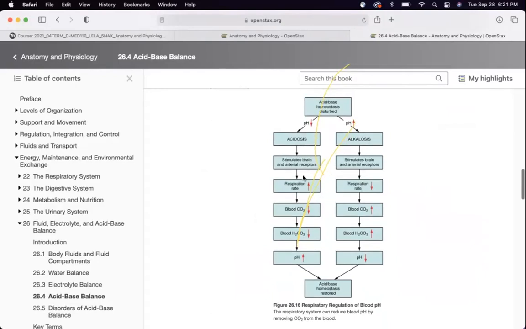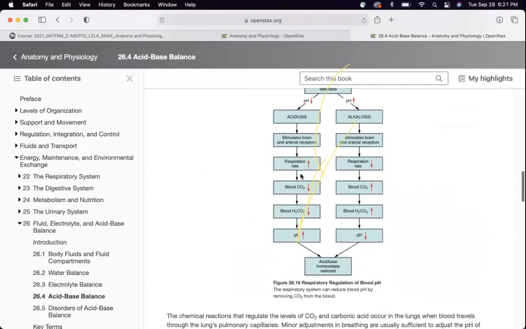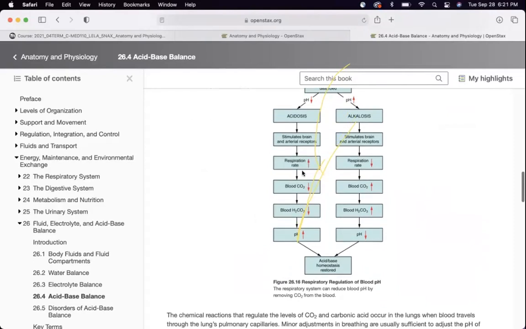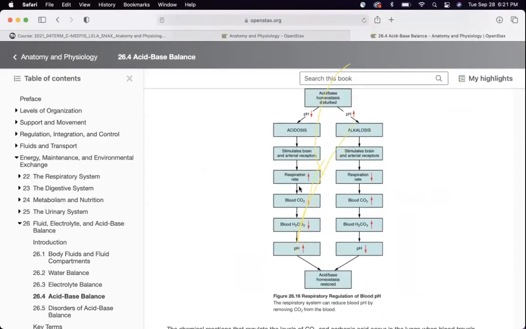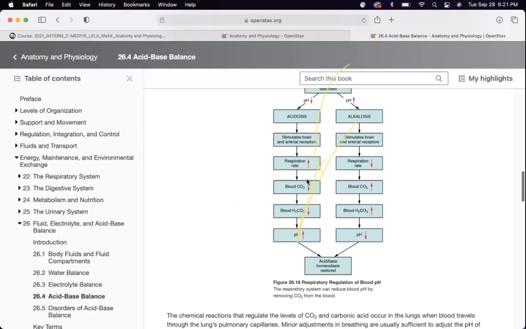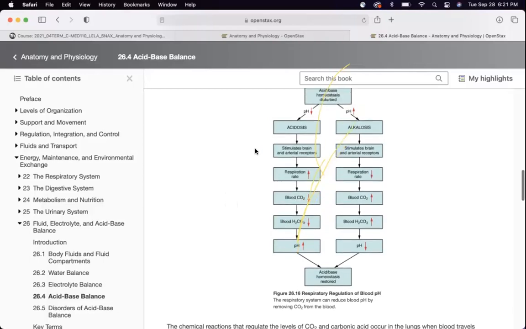So if you have a low pH, it stimulates the brain, of course, and then you're going to have increased respiratory rate because it wants to move the blood CO2 out of your body. Okay? So if you're acidotic, you're going to start breathing faster. When you breathe faster, you push out more CO2, and what will happen to your pH? It will go back up.